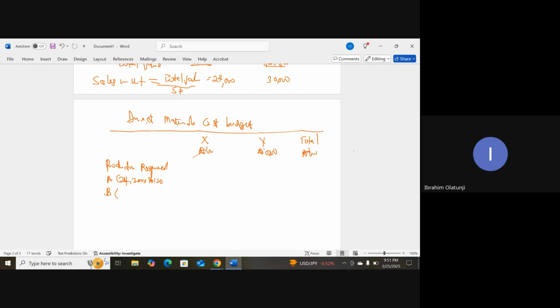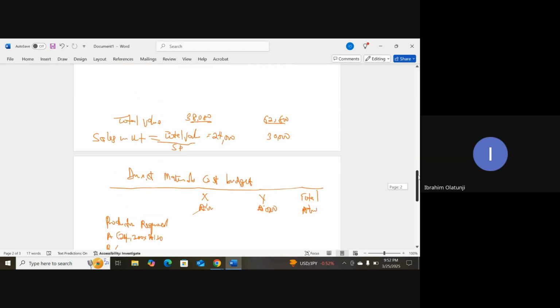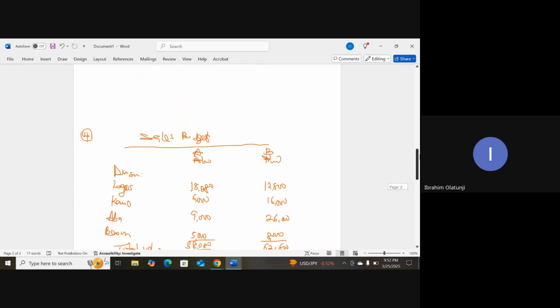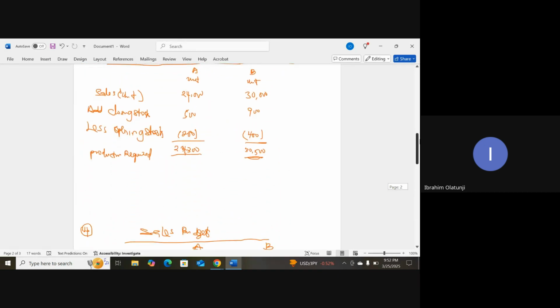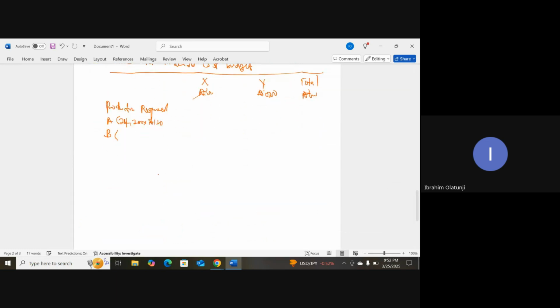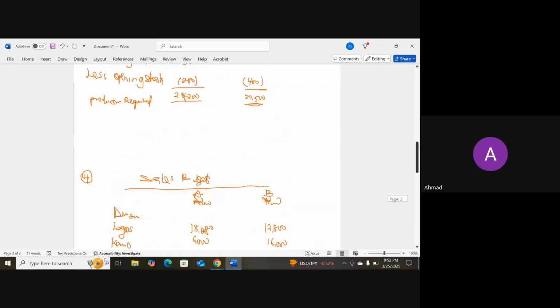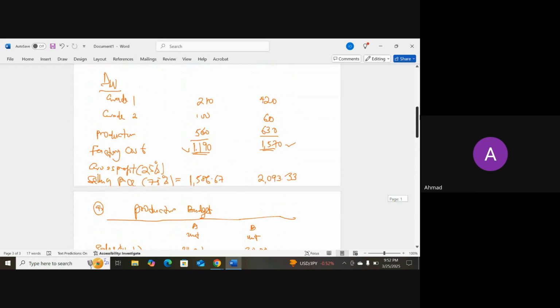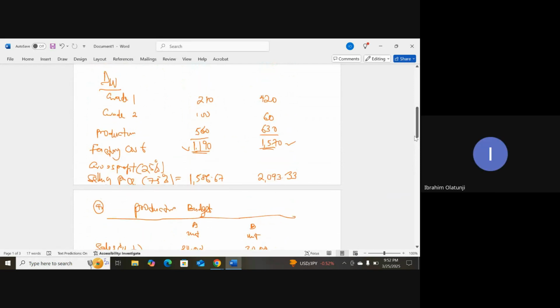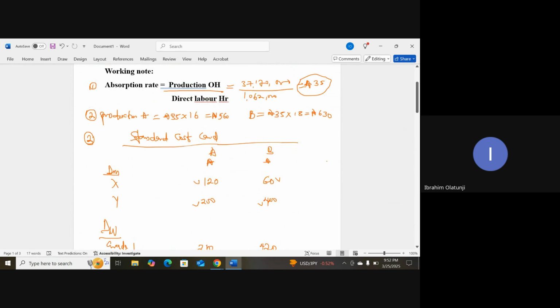Then for product B, what did I get at the production requirement? I get 3,500. Then what is the rate of material cost per unit? 60. You can see, where is it? 60.